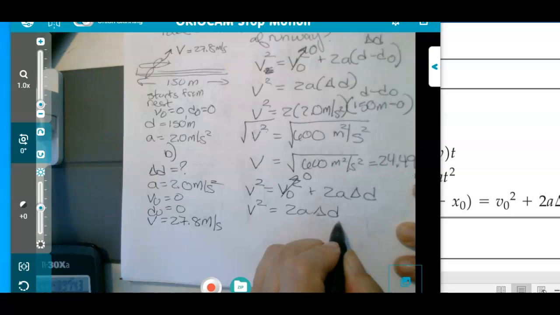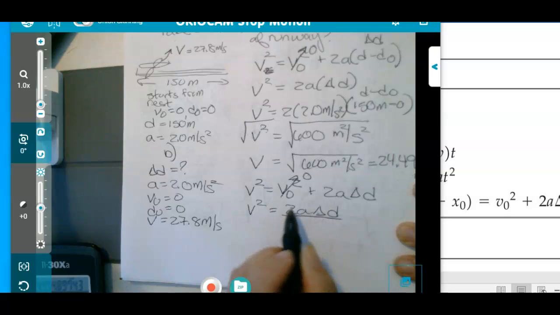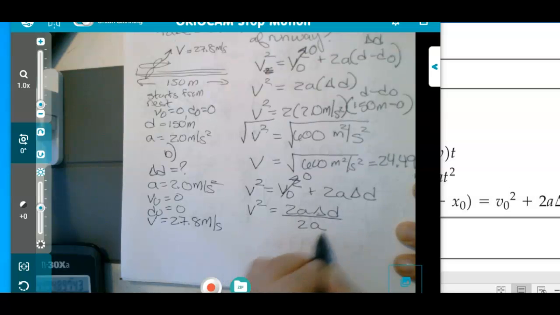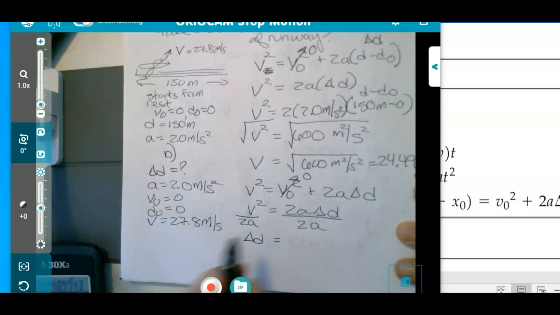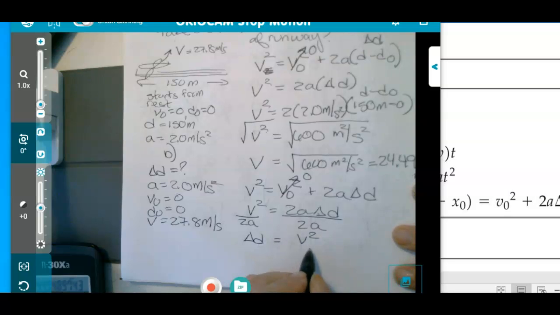I want delta d all by itself, so it's being multiplied by a, and it's being multiplied by the 2, so I do the opposite. I'm going to divide by 2, and I'm going to divide by a. Whatever I do to this side, I've got to do to this side. So now I have delta d is equal to v final squared divided by 2a.